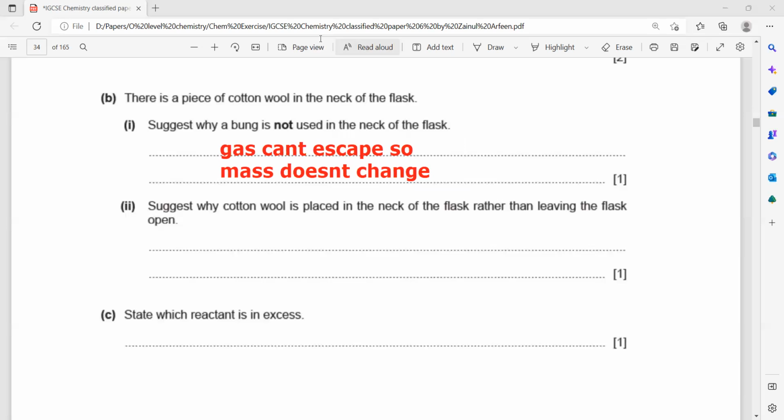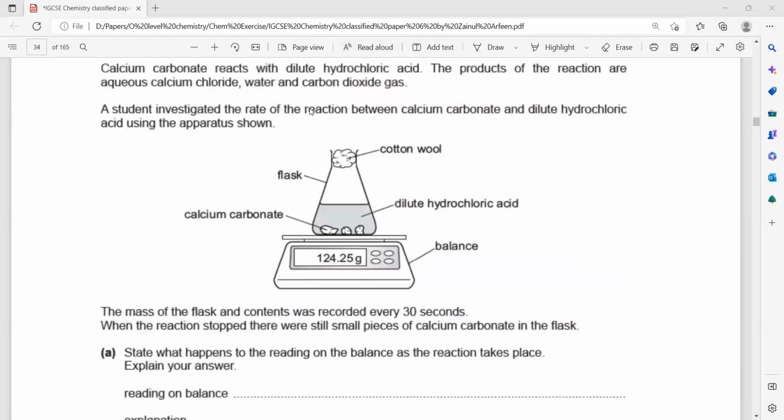Suggest why cotton wool is placed in the neck of the flask rather than leaving the flask open. So that the acid cannot escape from the reaction. The reaction particles cannot escape. Even if there was no cotton wool, if it was open, the gas will escape. But why did we keep cotton wool here? Even if there was no cotton wool, the gas will escape.